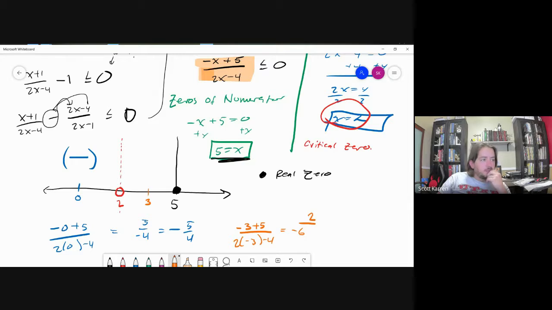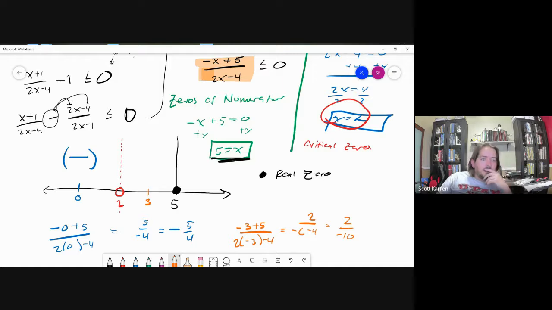I feel like I messed up. Negative 4 is 2 over negative 10. Did I mess up somewhere? Not that this helps because y'all aren't watching me do this live. No, I don't think I did.